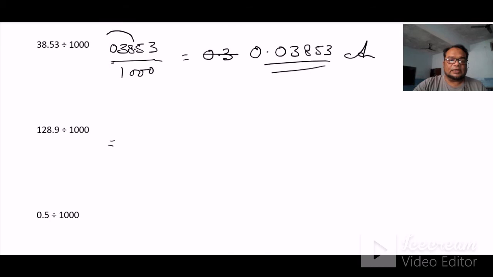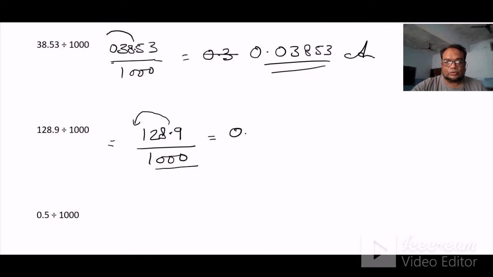Let's move towards the next question. 128.9 divided by 1000. So here is 1000. So this decimal is shifted 3 digits to the left hand side. So 0.1289 is the answer.